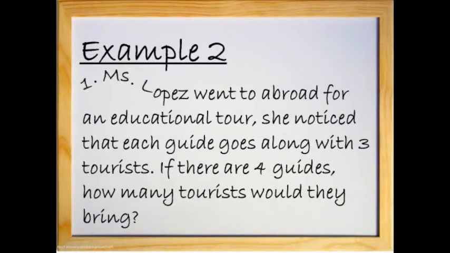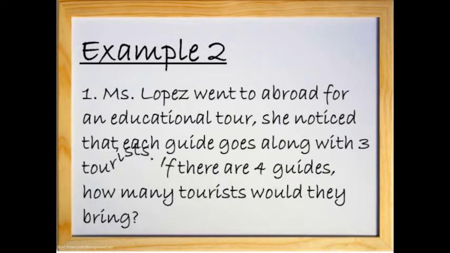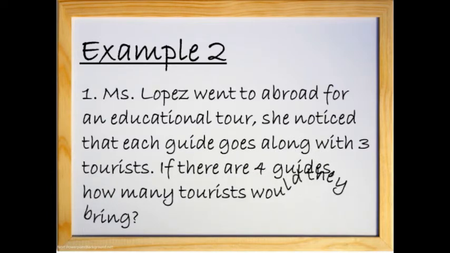For problem number 2, Miss Lopez went abroad for an educational tour. She noticed that each guide goes along with 3 tourists. If there are 4 guides, how many tourists would they bring?